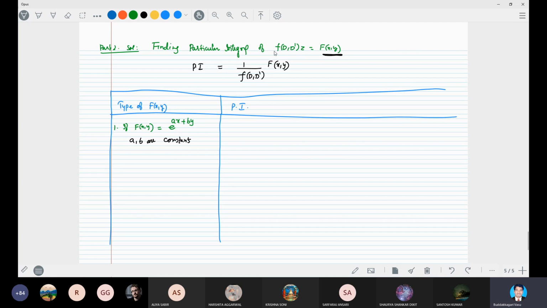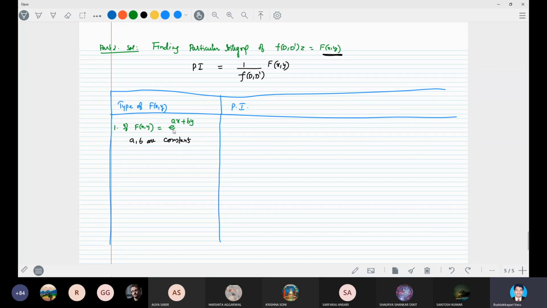This is the given PDE: f(D, D') z equals f(x, y). Dear students, be very concentrated because I would like to give you the working rules for finding the particular integrals.